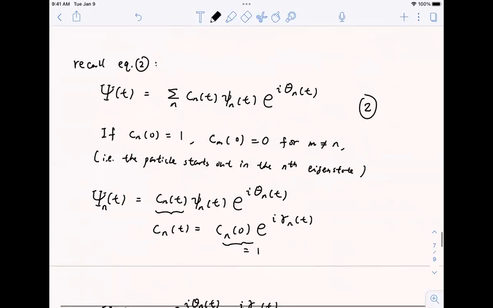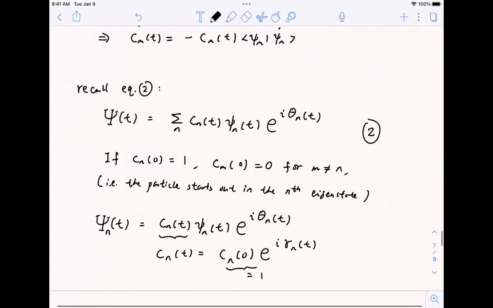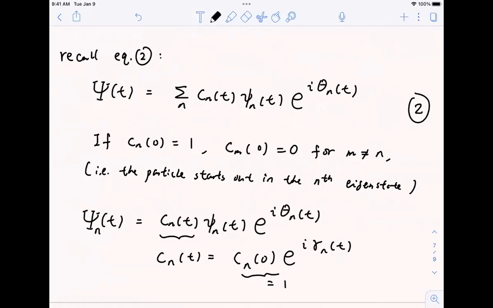Okay, what's your question? From equation 2, how do we get from the linear combination? Because you assume that the particles start out in the nth eigenstate. So at the beginning, this is 1, and all the others are 0.